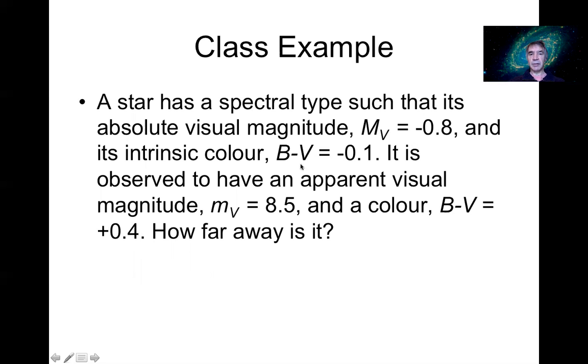So you can see that the reddening effect has changed its intrinsic color from minus 0.1 up to plus 0.4. And so the question here is, how far away is it? Have a go at that, and you'll see how this works in practice. We'll come back after the break.